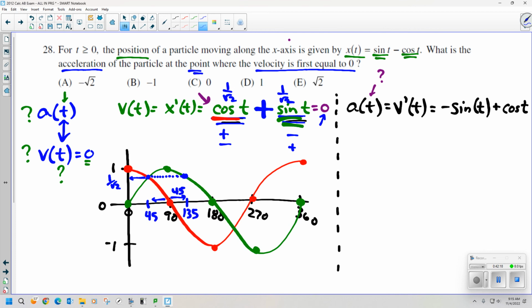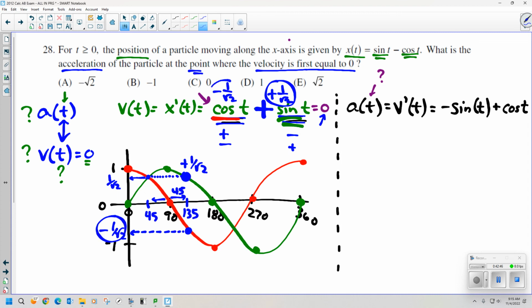You'll notice that one of them is a positive 1 over radical 2 for a y value, and the other one is a negative 1 over radical 2. So my green curve, which is sine, would be positive 1 over radical 2, and the red curve, which is my cosine, would be negative.